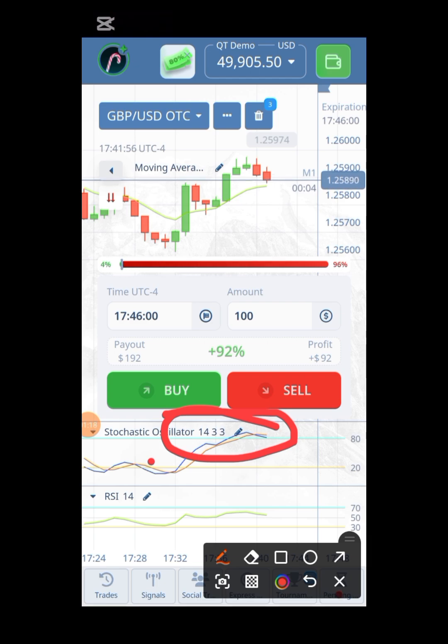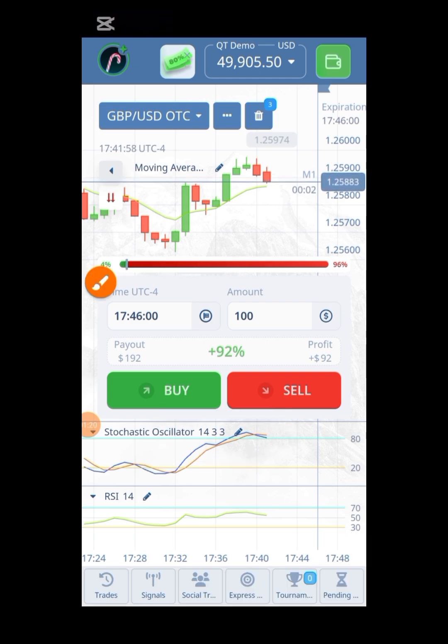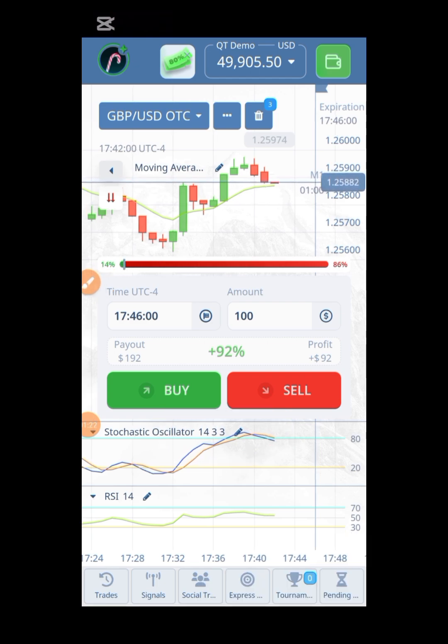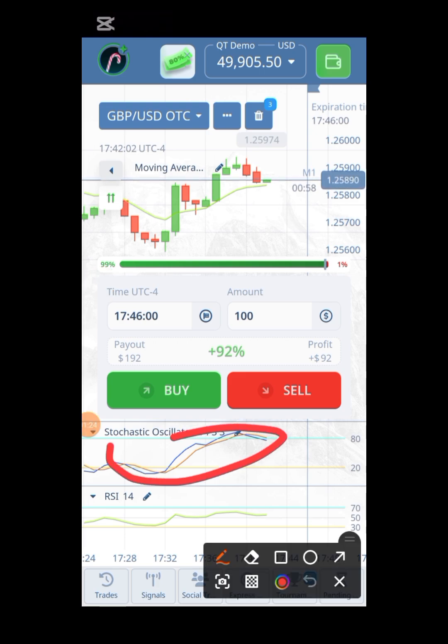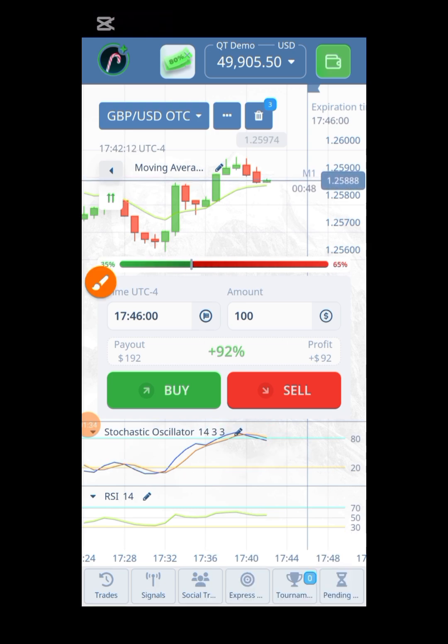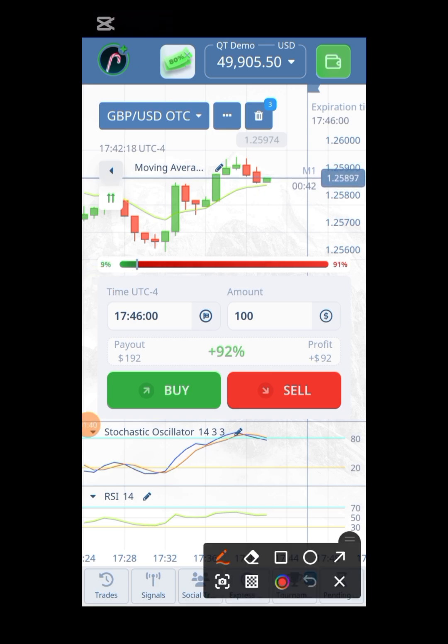When you are trading and the signal line here reaches below the 30 or below the 20 yellow line here, it means that it has been oversold. Then there's a possibility of it buying. The same applies to the RSI here.